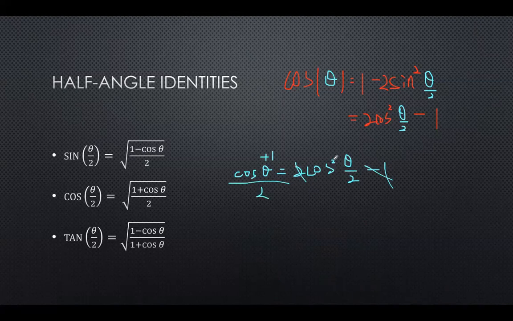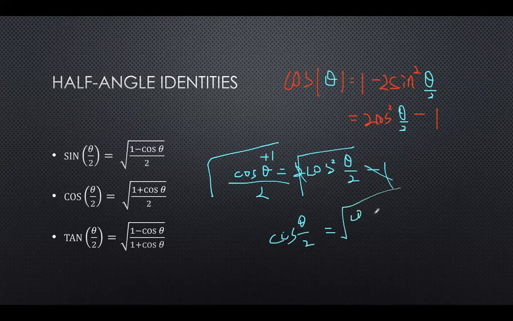Now you have the square, so you square root both sides. So now you have cosine of theta over 2 is equal to the square root of cosine theta plus 1 divided by 2.